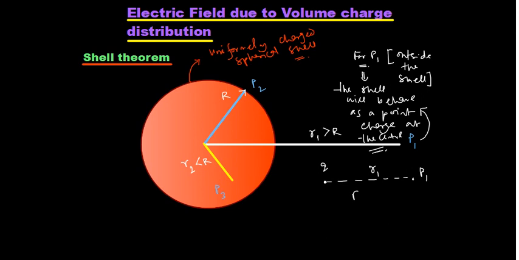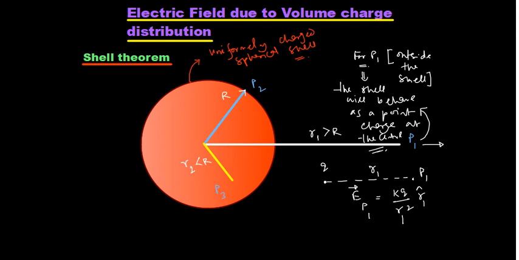So the electric field due to this at point P1 will be simply equal to kQ by r1 square. If I take the vector, then it must be r1 cap. As I have taken a positive charge, the field must be in the radially outward direction, right? So that's briefly the interaction of this particular uniformly charged spherical shell as viewed from point P1.